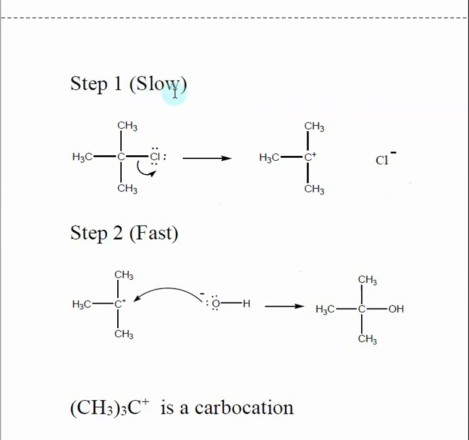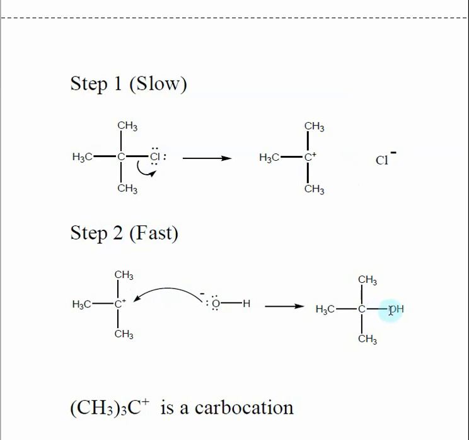The first step is slow, and what ends up happening is we break the carbon-chlorine bond. Those electrons jump onto the chlorine, and here we end up forming this species that we'll talk about in just a second, and a negatively charged chlorine. And then the second step, that's fast, the lone pair electrons from my nucleophile attack the positively charged carbon, and we end up forming a carbon-oxygen bond.